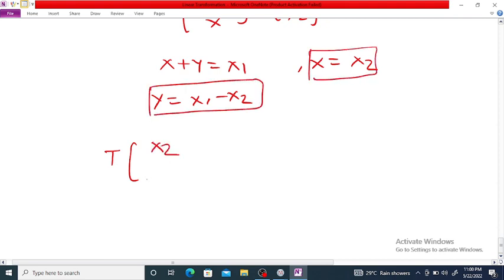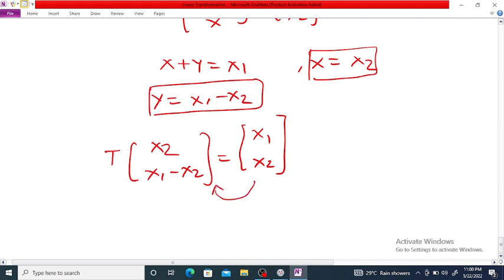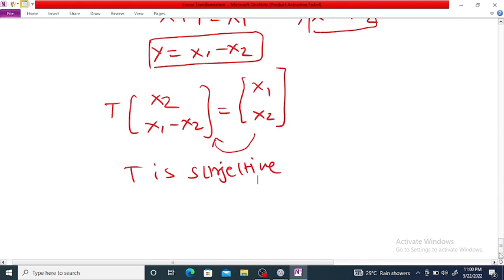So x2 and x1 minus x2 map to x1 x2 for any x1 x2 in R square. So every vector in the codomain has at least one pre-image, and therefore T is surjective. In other words, T is onto, and therefore T has an inverse.